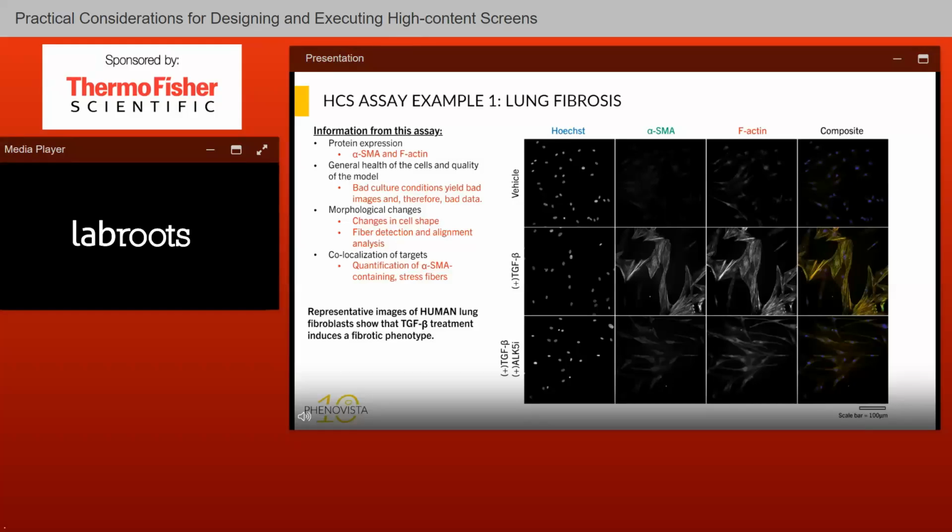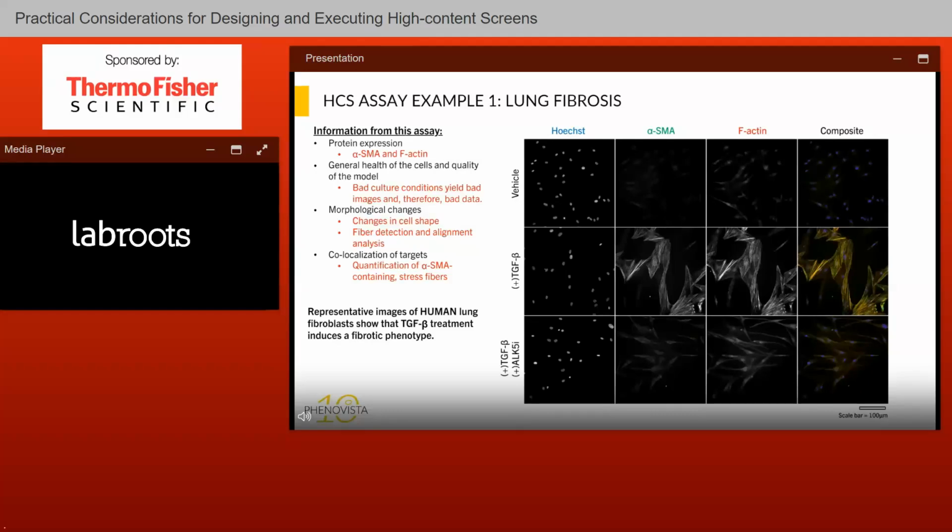This is typically labeled using phalloidin, which is a really great dye that's used a lot to label filamentous actin. And then the furthest right column there is the composite, where we overlay the pseudo-colored images to see where all the markers are relative to each other. Going top to bottom here, you've got the untreated cells, which are non-fibrotic.